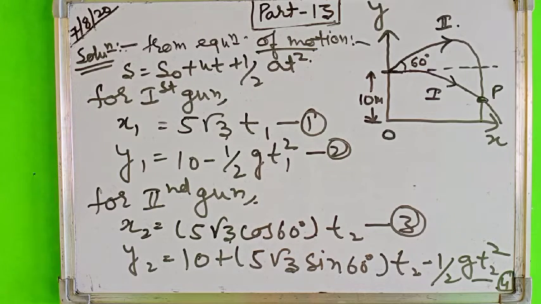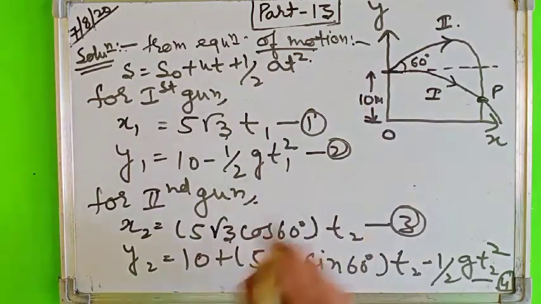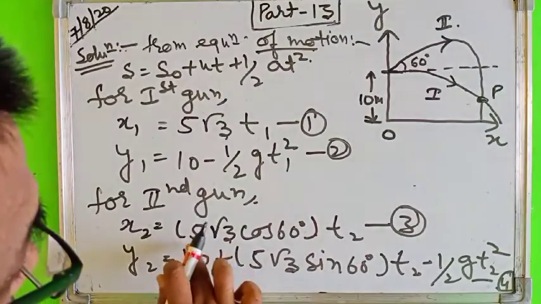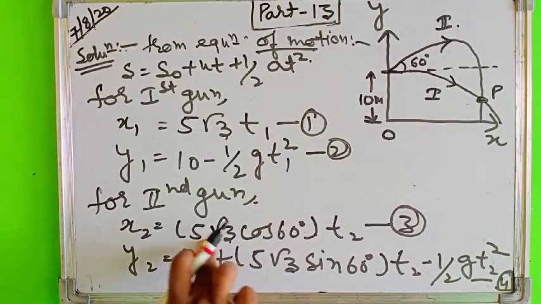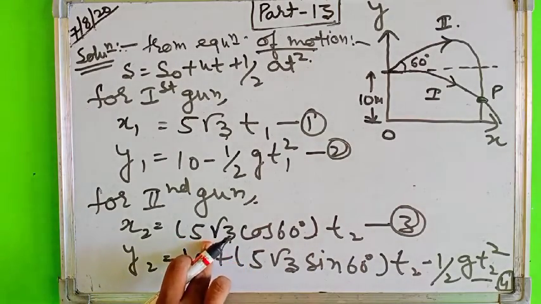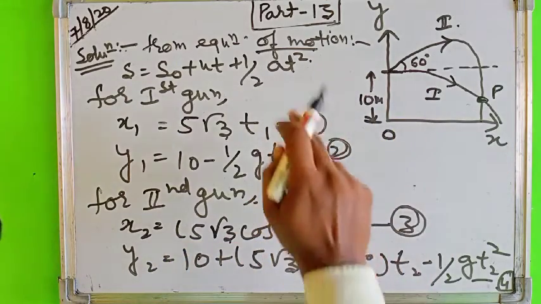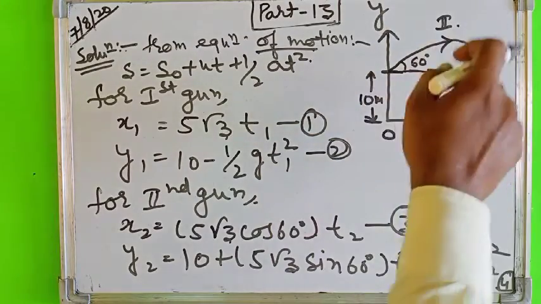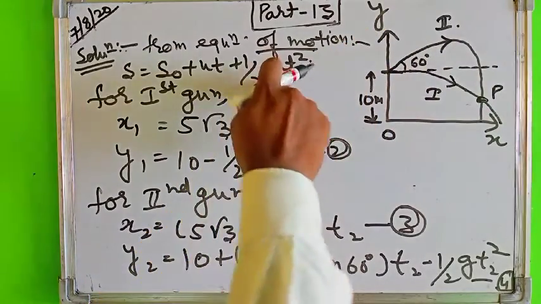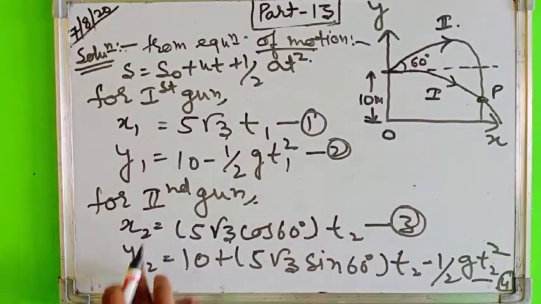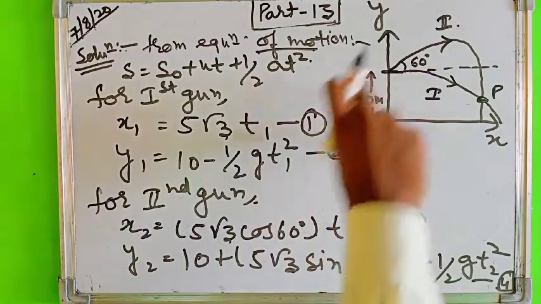These are the horizontal position and vertical position we have described for the first gun and second gun. For the second gun, since it is fired at an angle of 60 degrees, the initial horizontal component of velocity is 5 root 3 cos 60 degree into time taken T2, and since there is no acceleration in the horizontal direction, a is equal to 0. y2 has initial position 10.